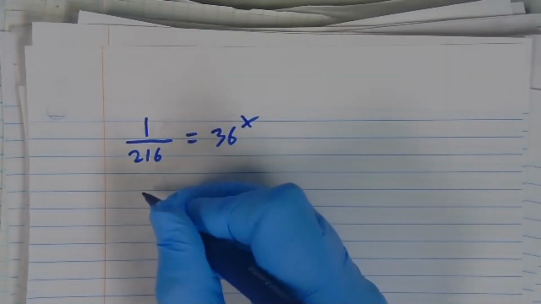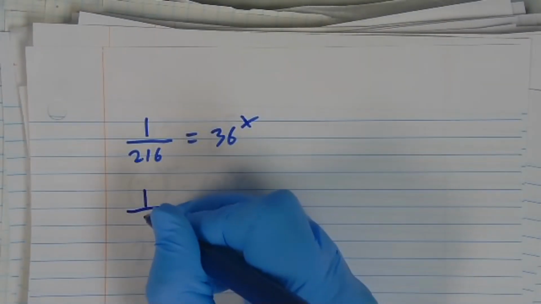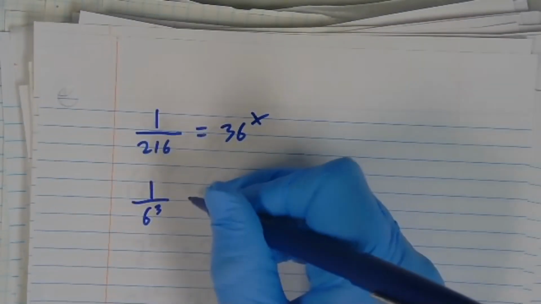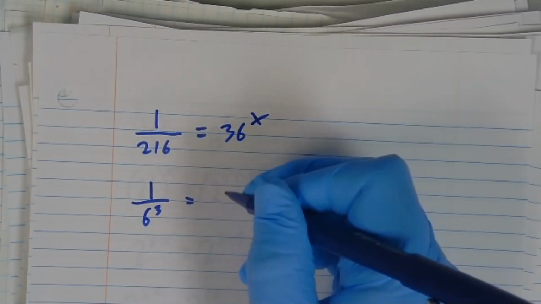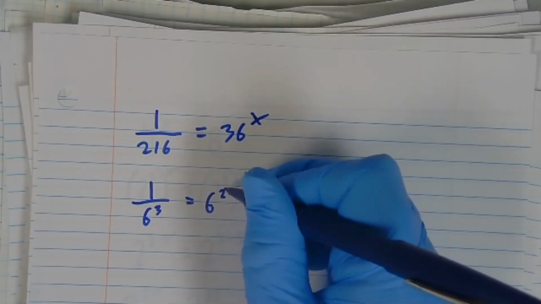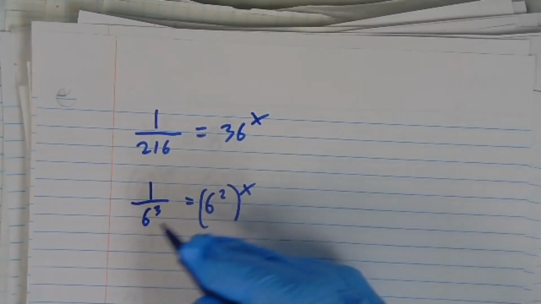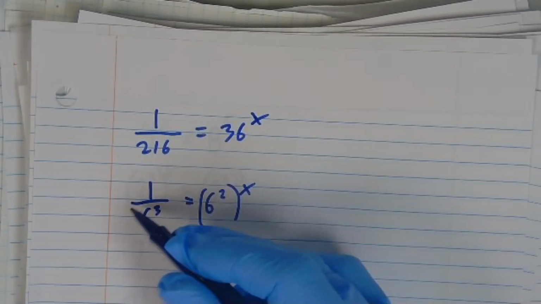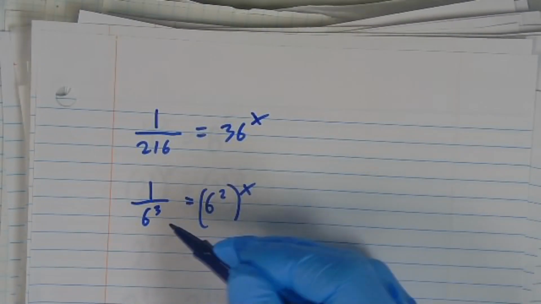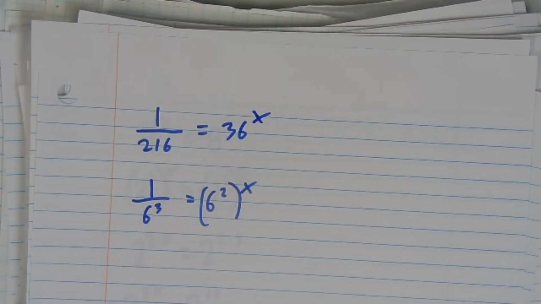So I can rewrite this as 1 over 6 to the third is equal to 6 to the second to the x. I could have put this in parentheses, but this is already a grouping symbol. Since the whole bottom is all in that to the third, I don't need to put in an extra grouping symbol.